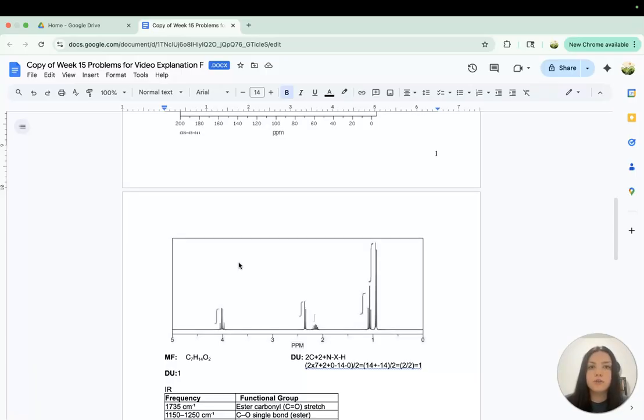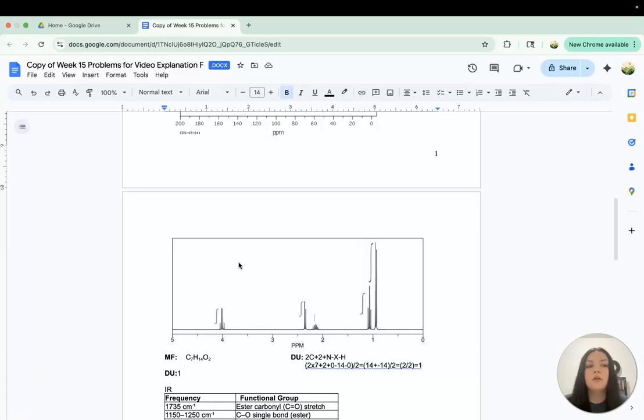The original formula for DU is written as 2C plus 2 plus N minus H minus X, all divided by 2, where C is the number of carbon atoms in a molecule, N is the number of nitrogen atoms, H is the number of hydrogen atoms, and X is the number of halogen atoms.